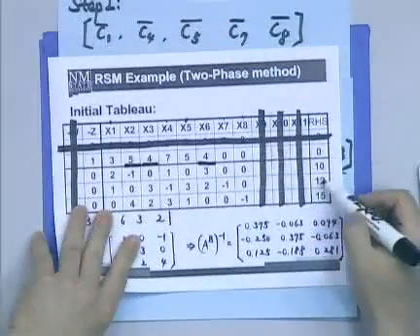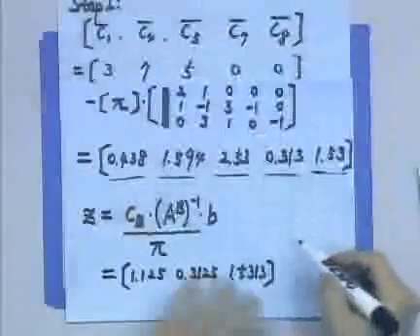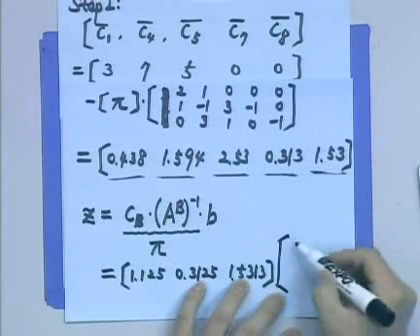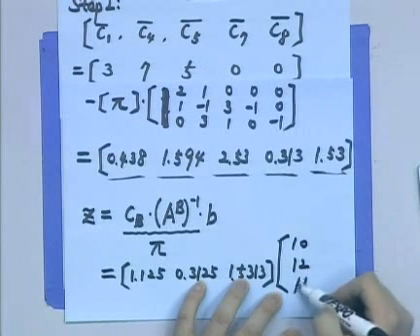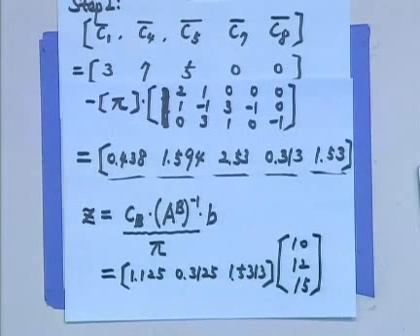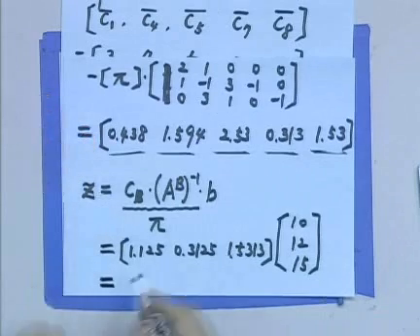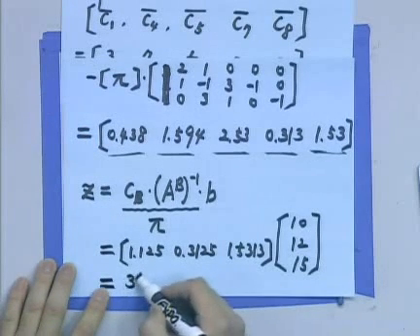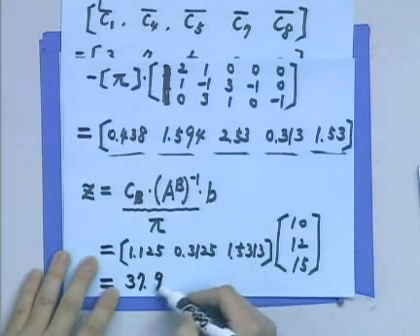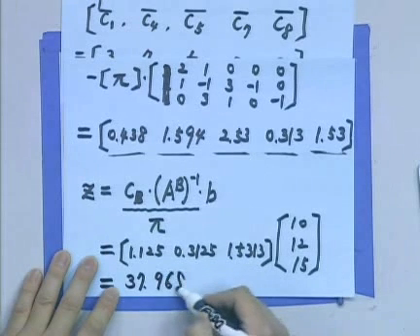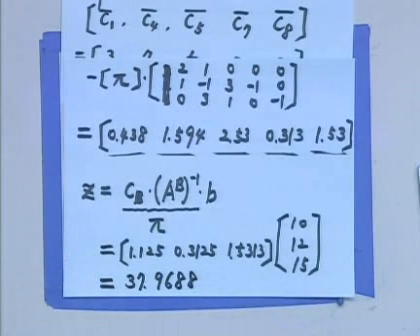It is 10, 12, 15, right? Times 10, 12, 15. And if my calculation is correct, it must be 37.9688. Okay?